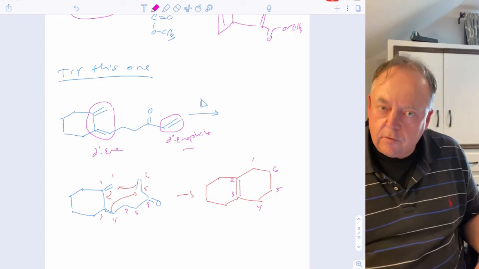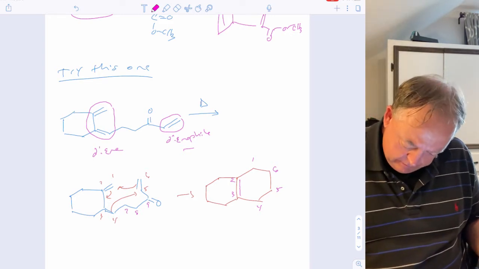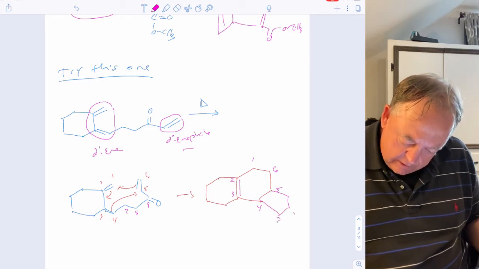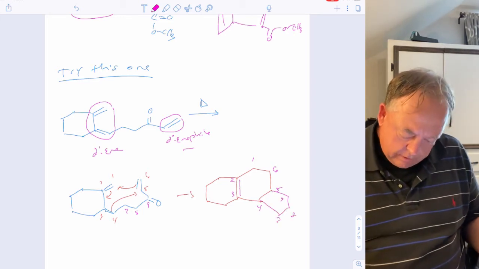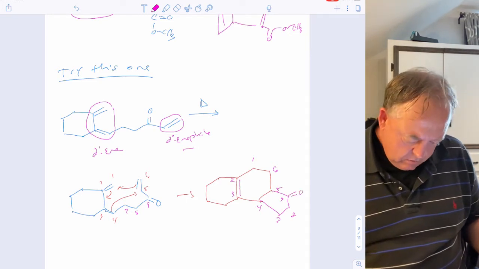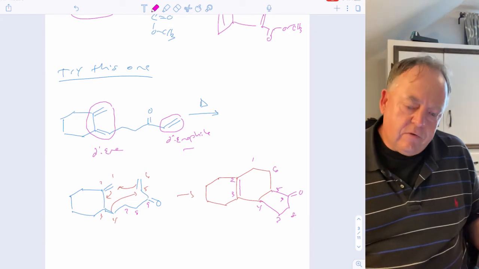So between carbons 4 and 5, there's atoms 7, 8, and 9. And carbon number 9 is a C double bond O. Right, so that would be the structure of your product.